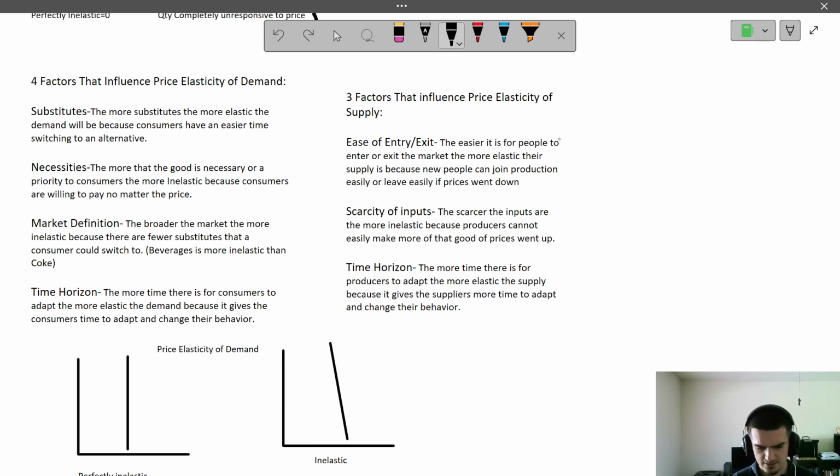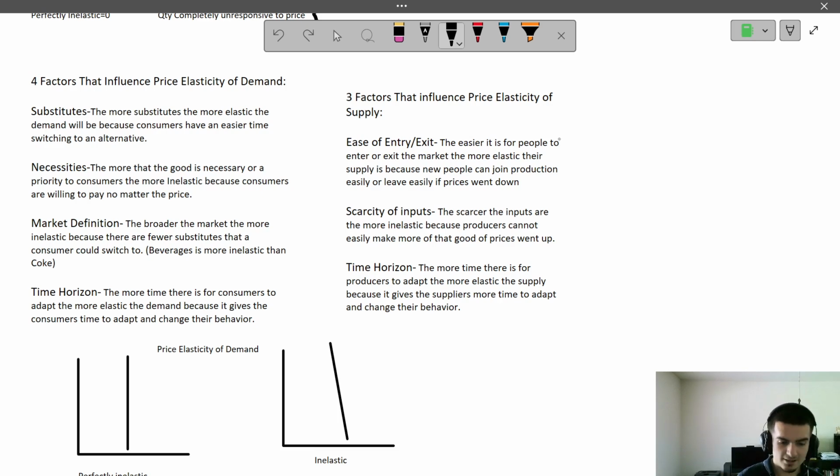So if you think of insulin, the thing that people with diabetes need, then that's inelastic, because their quality of life would be lower without it, or they can't live without it. They place such a high value on that good because they require it, and there's nothing that can replace it. So it's inelastic because it's a necessity, and because there's nothing that can replace it. Oh yeah, there's an example.